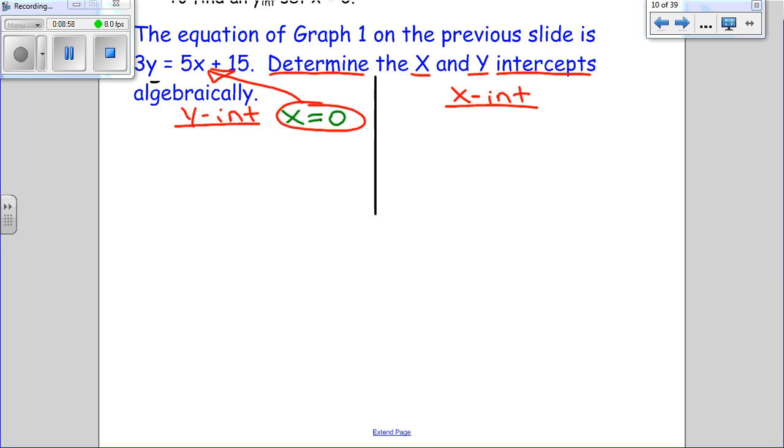And then you can put your input values into your equation to figure out what y actually equals. The way that looks, when I put that 0 in, I get 3y equals 5, instead of x, I put bracket 0 bracket plus 15. And this is what we learned yesterday. You take an input value, you plug it into your equation, you'll be left with only one letter remaining in your equation. And then you can actually solve for your output value.